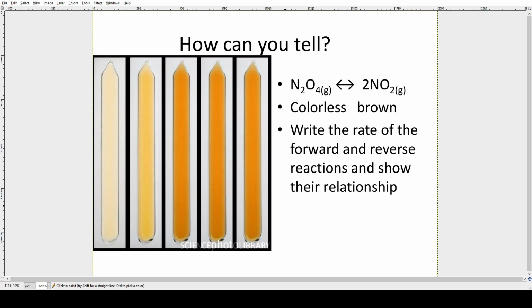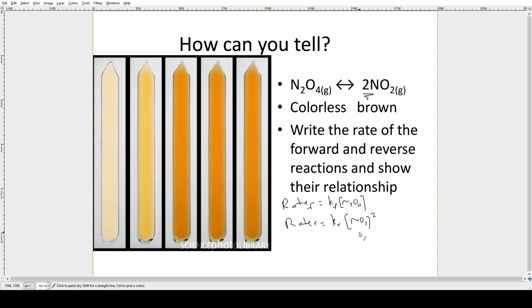So I'll write the rate of the forward will be equal to the rate constant for the forward times the concentration of N2O4, and the rate of the reverse is the rate constant for the reverse times NO2. And we know when we write this sort of thing, the coefficients, like this number 2, will become exponents.